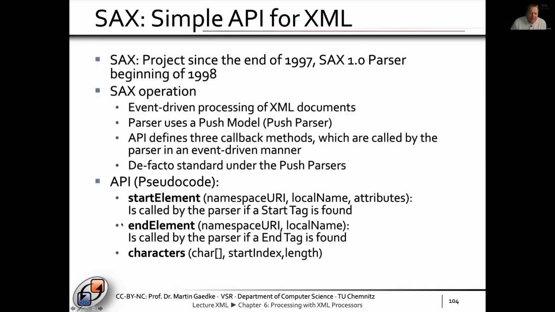The parser throws an event so that the end element is called whenever an end tag is found. And the content model of an element contains characters in the most simple case. Whenever that happens, the character event is thrown, which invokes in the end the characters function.